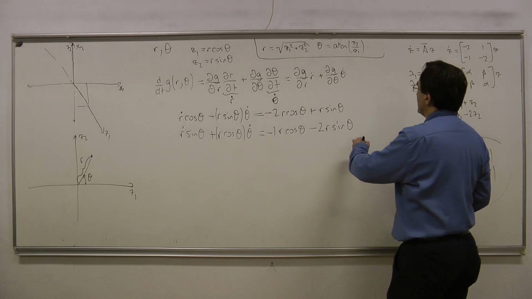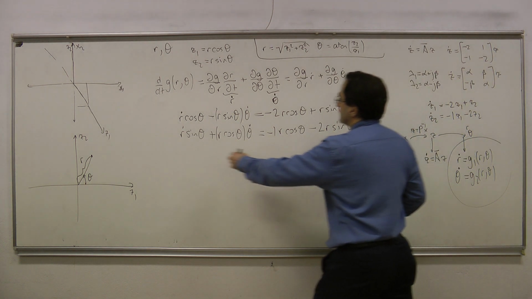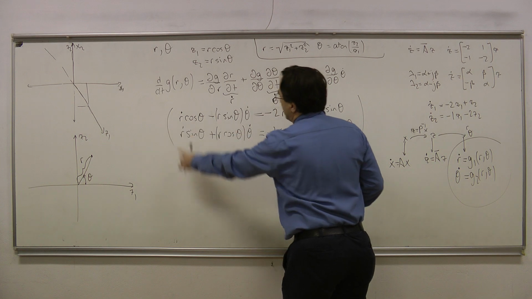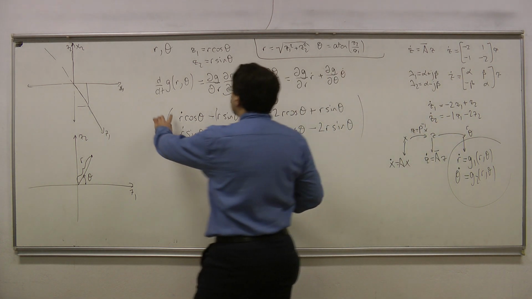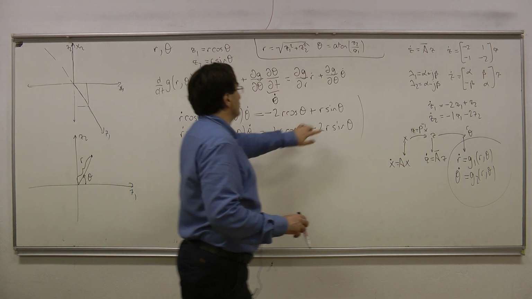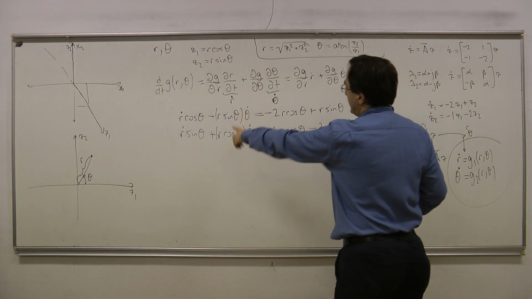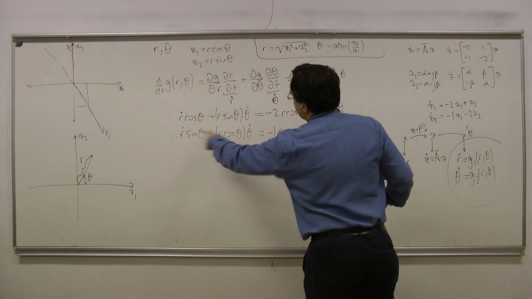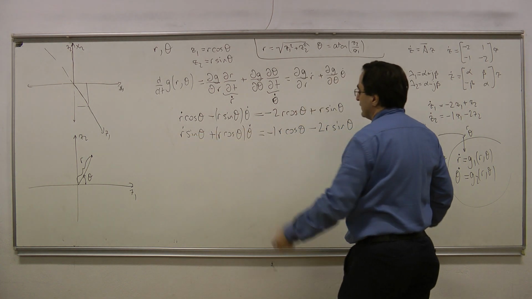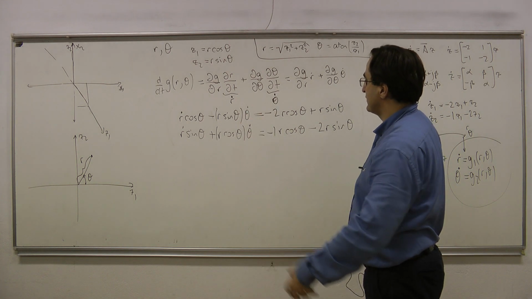So here is what I'm going to do. I'm going to try to obtain what r dot is by multiplying both sides of the first equation with some variable, and multiplying the second equation with another variable, and then summing.